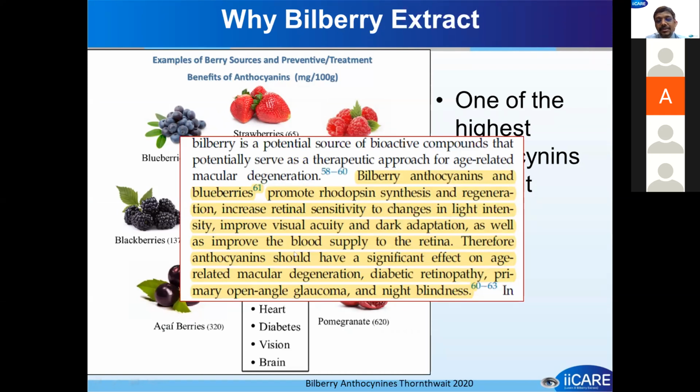The same article mentioned that bilberry anthocyanins and blueberries promote rhodopsin synthesis and regeneration, increase retinal sensitivity to change in light intensity, improve visual acuity and dark adaptation, as well as improve blood supply to the retina. Therefore, anthocyanins should have a significant effect on age-related macular degeneration, diabetic retinopathy, primary open-angle glaucoma, and night blindness.